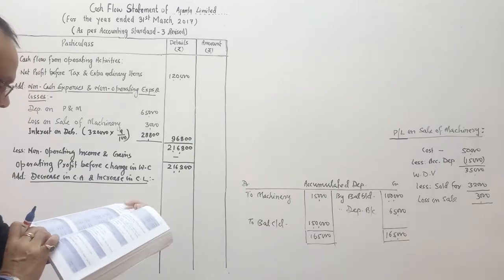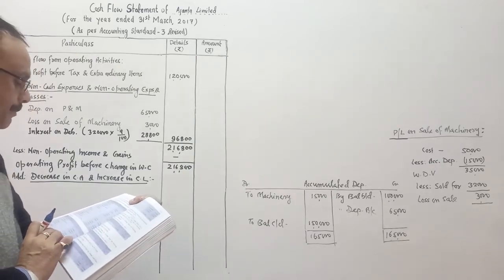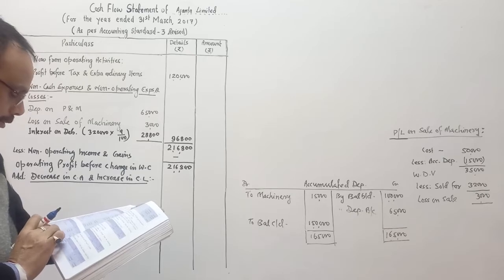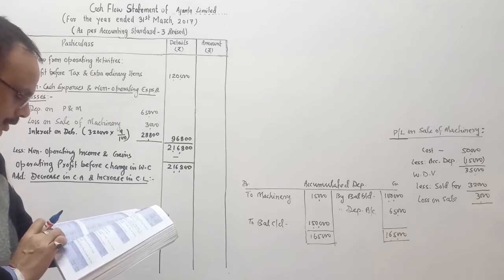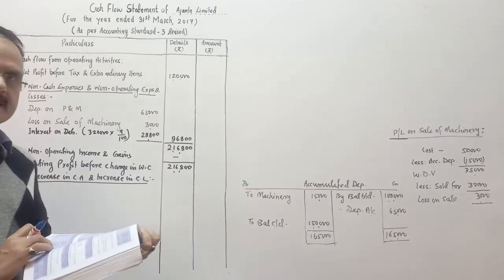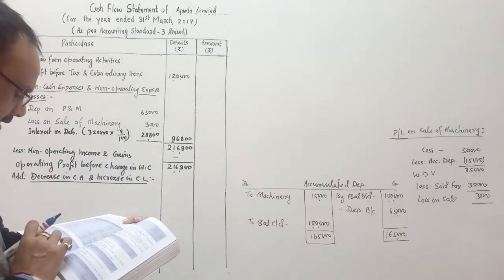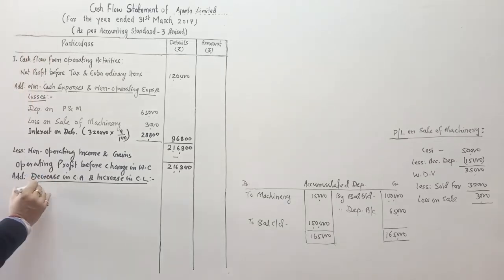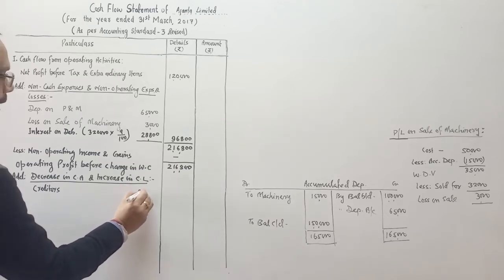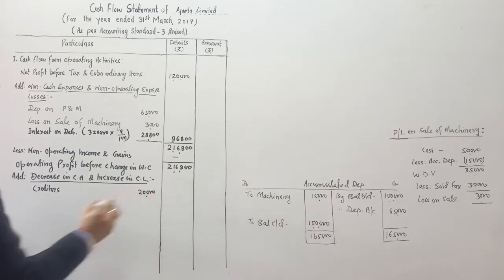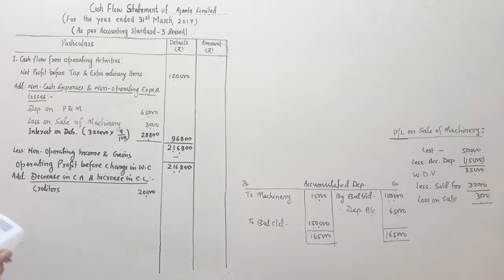Trade payable is the current liability. Last year creditors were 1,20,000, this year 1,40,000. So creditors are increased by rupees 20,000. Creditor is a current liability which is increased.